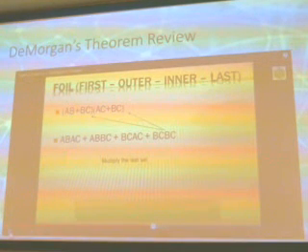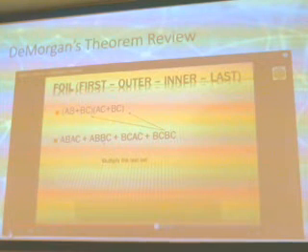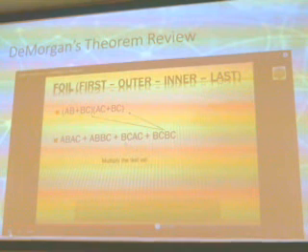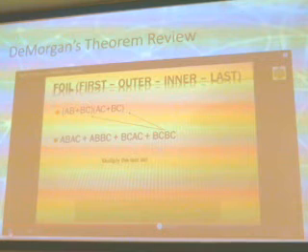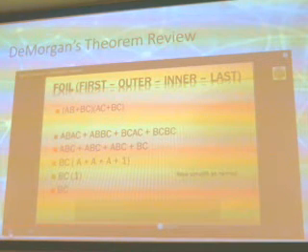Now if you go through and combine like terms, like A and A goes just to A, so you get rid of one of the A's. A, B, B, C is just A, B, C, because anything ANDed with itself is itself. A, B, C again, right here, get rid of the two C's and just put them in alphabetical order. And B and C just turns into B, C. So that's this line right here.